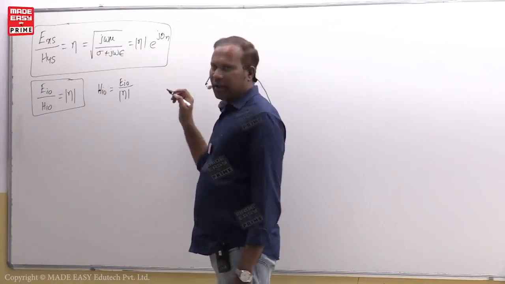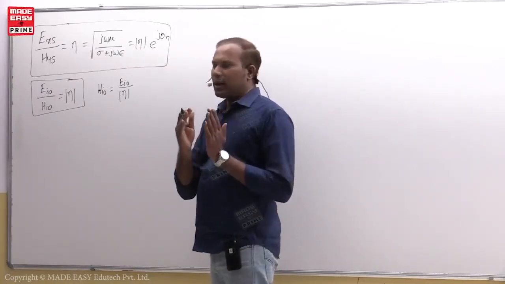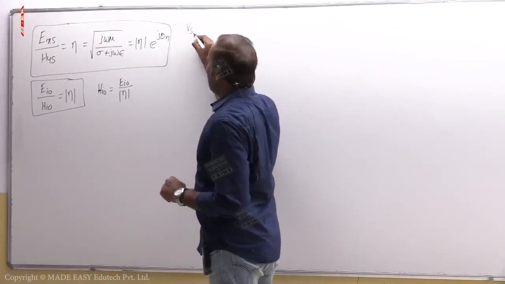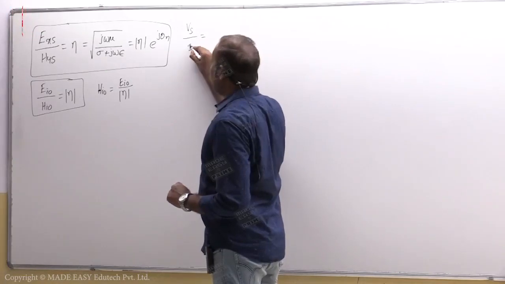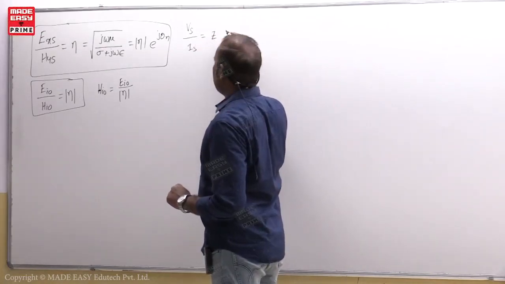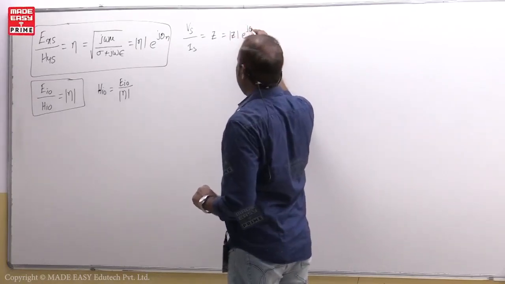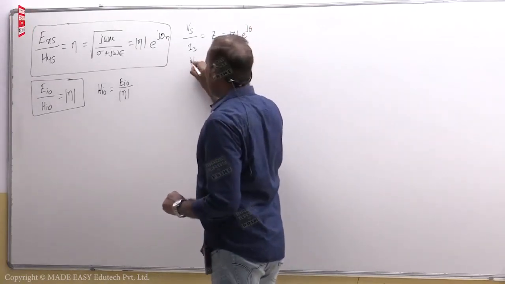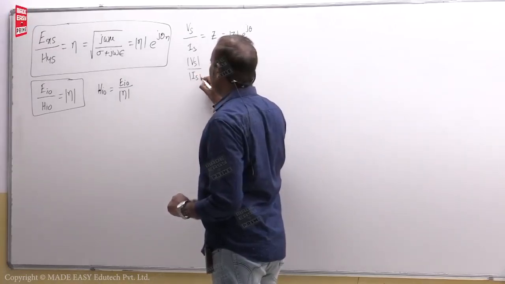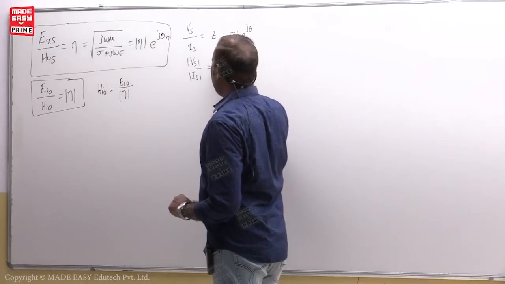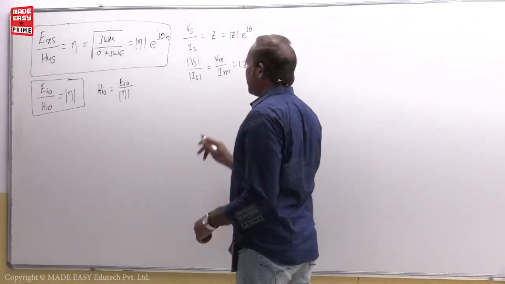Voltage phasor by current phasor is equal to total impedance, which has magnitude and angle. Modulus of Vs divided by modulus of Is, that is Vm by Im, is equal to modulus of Z.